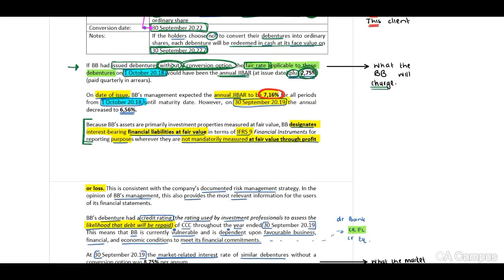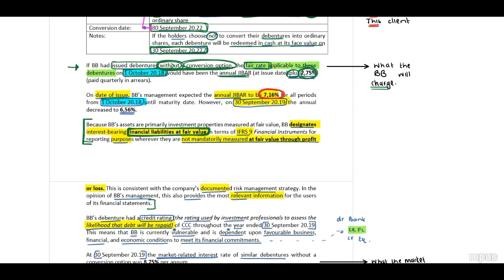This is consistent with the documented risk management strategy. In the opinion of BB's management, this also provides the most relevant information for the users of the financial statements. Therefore, they indicate here to us, guys, important: this will be a financial liability at fair value.